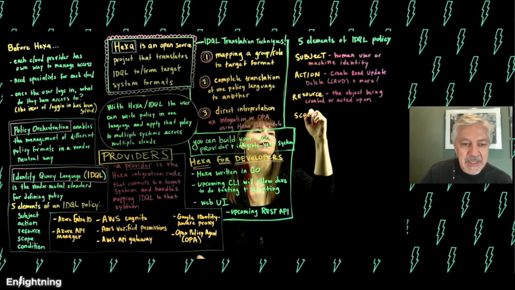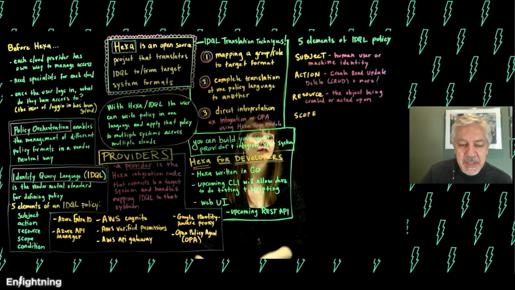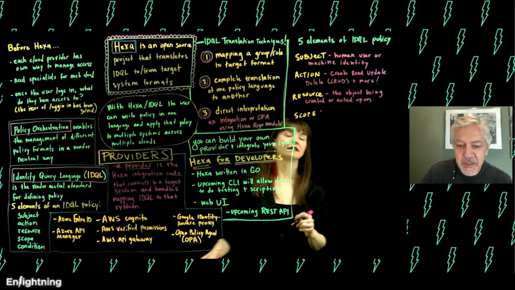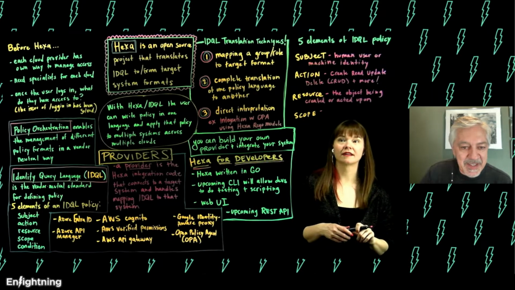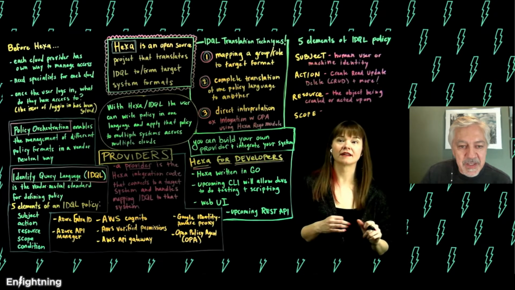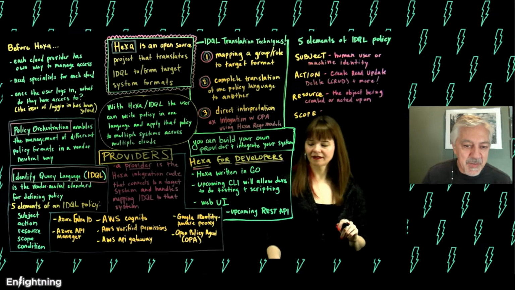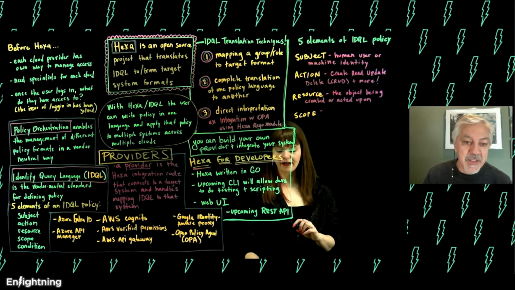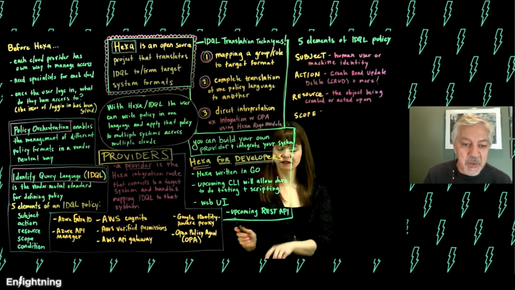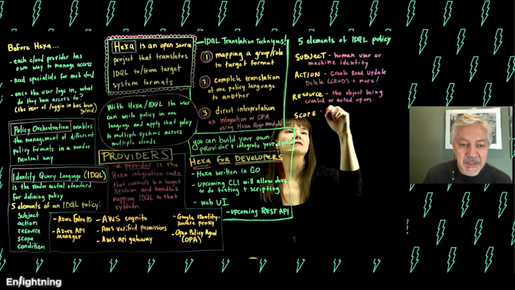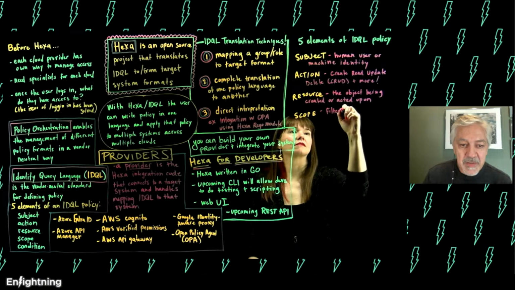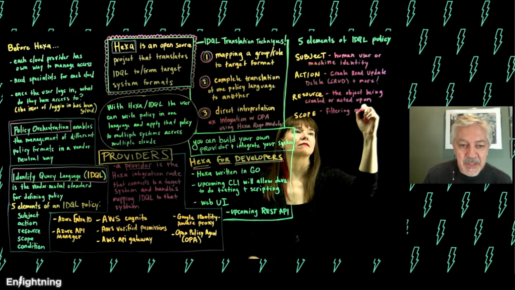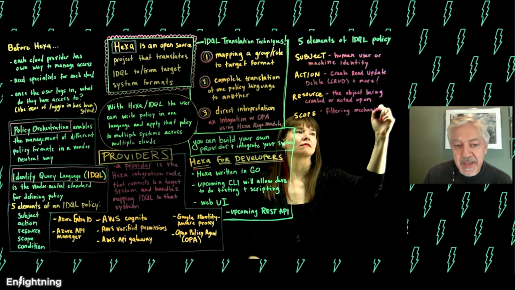Scope. Yeah, scope. I typically use a data analysis example here. So scoping could be, I can see all the records in the database that are in the same region that I manage. Oh, okay. So it's a filtering mechanism to further restrict what data I can act upon, or what resource I can act upon.